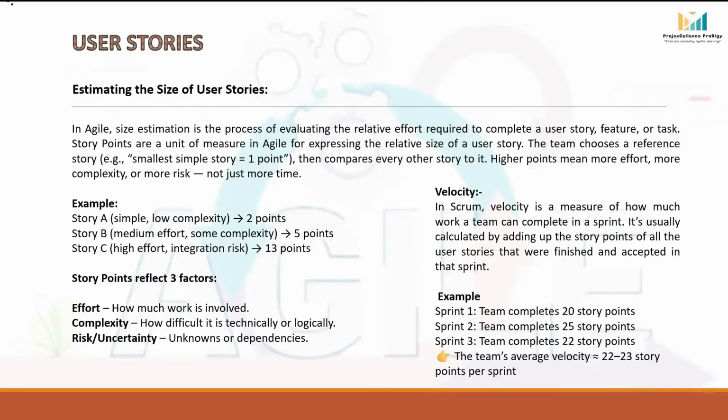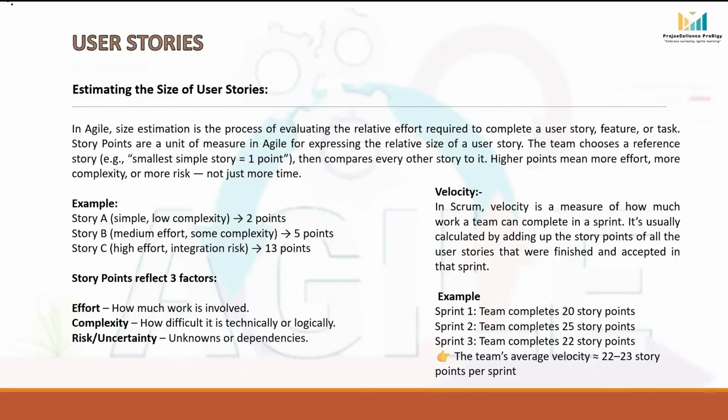So what do story points really reflect? They capture three key ingredients: effort, how much actual work is needed; complexity, is it technically difficult or logically tangled; risk and uncertainty, are there unknowns, external dependencies, or chances of surprises.